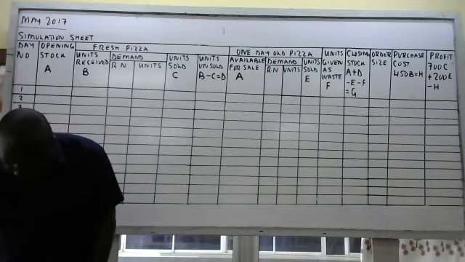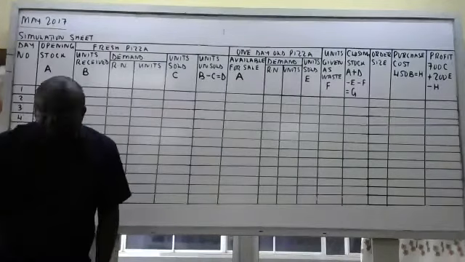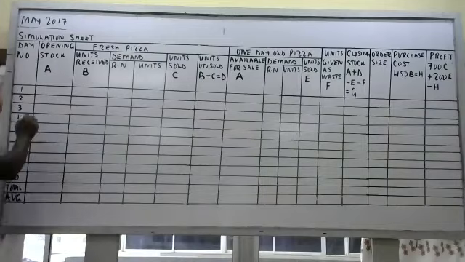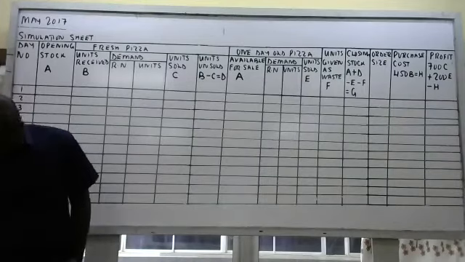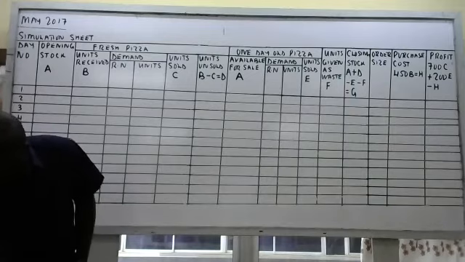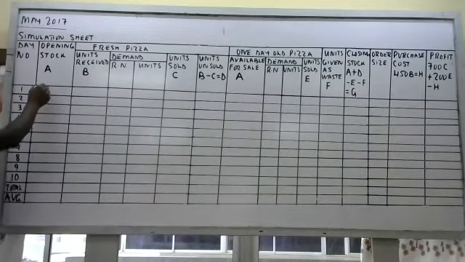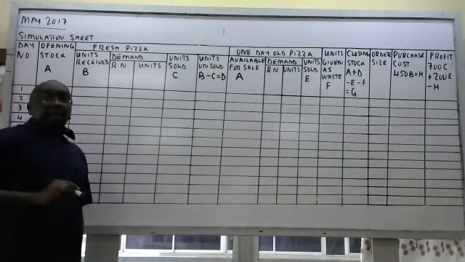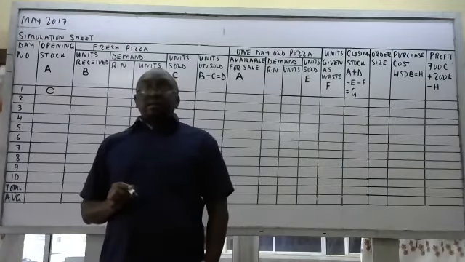So now, on the first day, we are told to begin with 0 stock. So put a 0 here. And then a pending order.